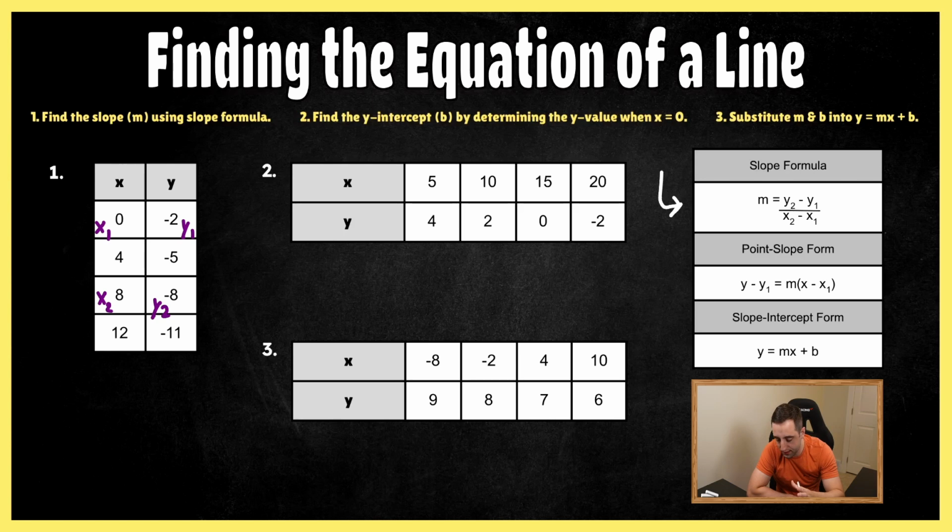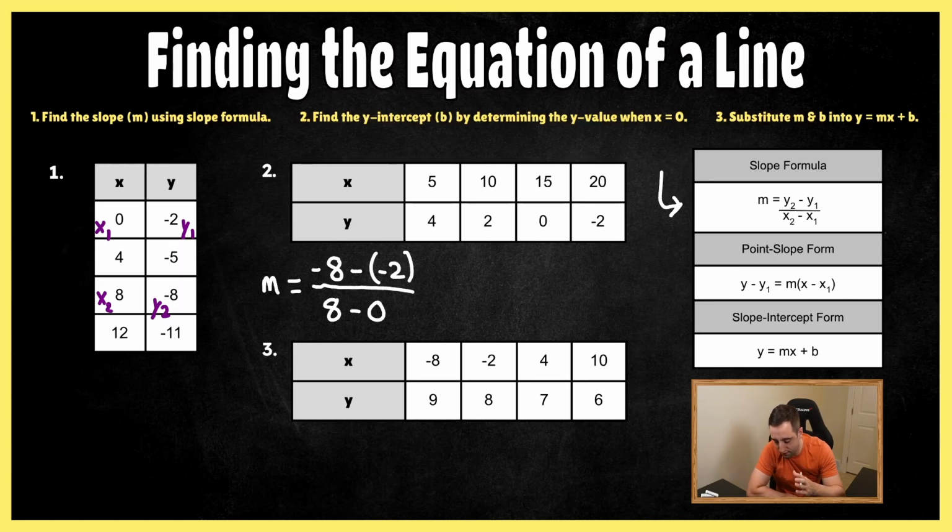And now that we have everything labeled, we simply just need to plug and chug into the slope formula to actually figure out what is the steepness of this line. So let's go ahead and do that. We have m equals, or slope equals, y2 was -8, minus y1, which was -2, over x2 is 8 minus x1, which is 0.